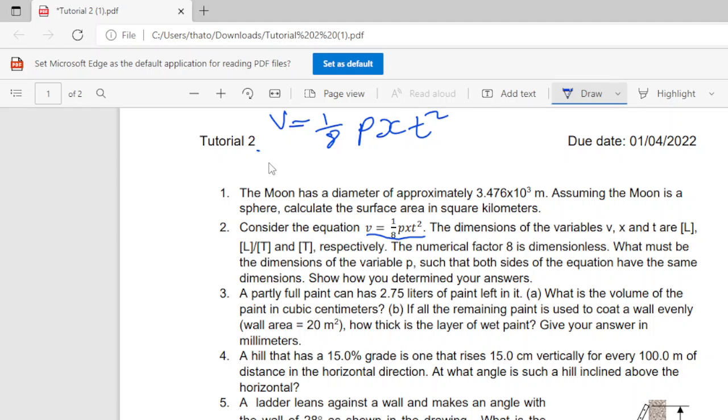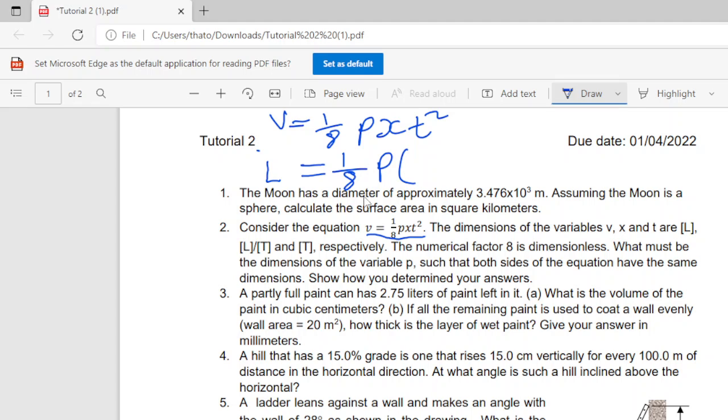So given the dimension of v as l, I'm gonna replace v as l, which equals 1 over 8. You can omit this as long as your calculations are going to be correct. P is what we are looking for. It's not given, so you write it as p. What is x?